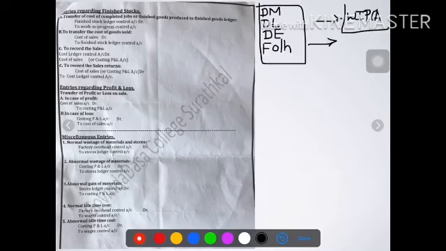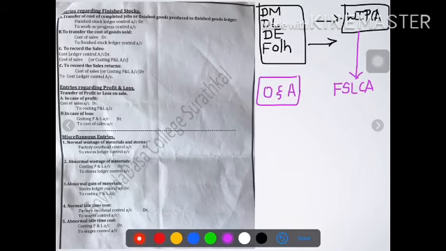Once the work is completed, this amount will be transferred to finished stock ledger control account. Here, along with this amount, we are also going to charge the office and administrative overhead to finished stock ledger control account. Once it becomes completed, this amount will be charged to cost of sales account.